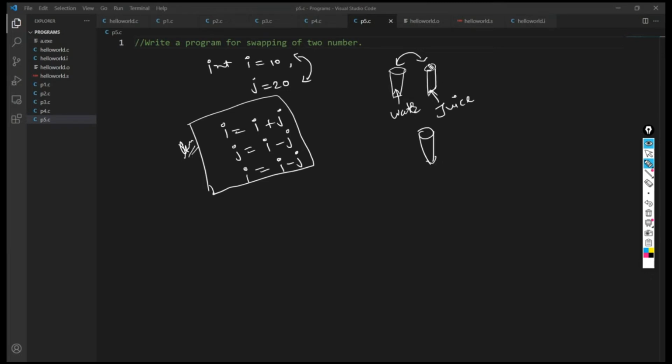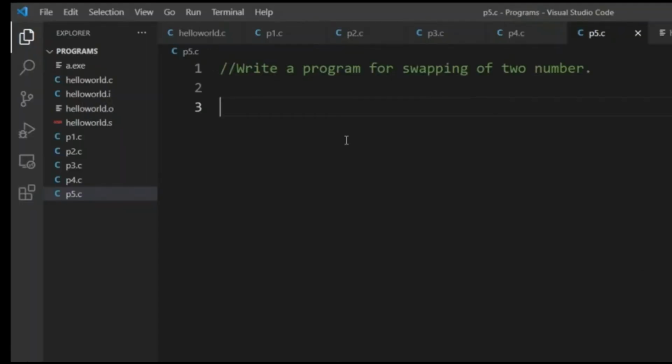So this is the simplest technique. I will first transfer the water to the third glass, so this glass will get empty. Then I will transfer the juice to this glass, then that glass will be empty. Then the water goes into the juice glass. In that way we use one temporary variable. So I will write one program for that.